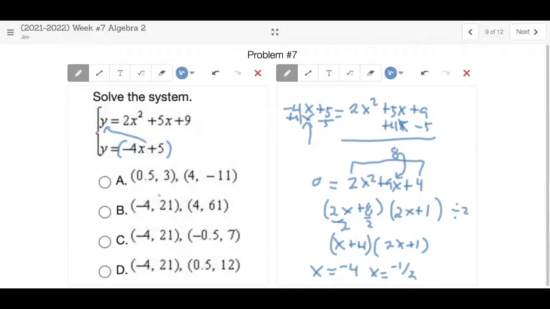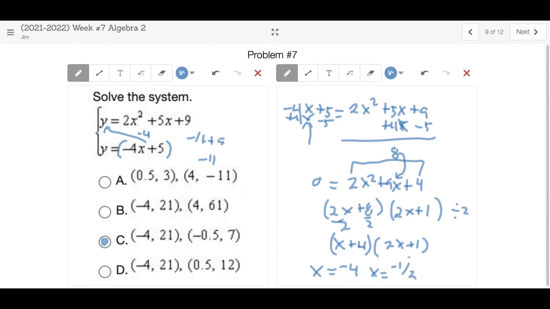Now, can I stop? Negative 4, negative 1/2. This is the only answer that has negative 4 and negative 1/2 as my x values. So I probably am going to say this is my answer. But I could check myself. I could put negative 4 in here. Negative 4 times negative 4 is negative 16, plus 5 is negative 11. Uh-oh, that does not seem right.